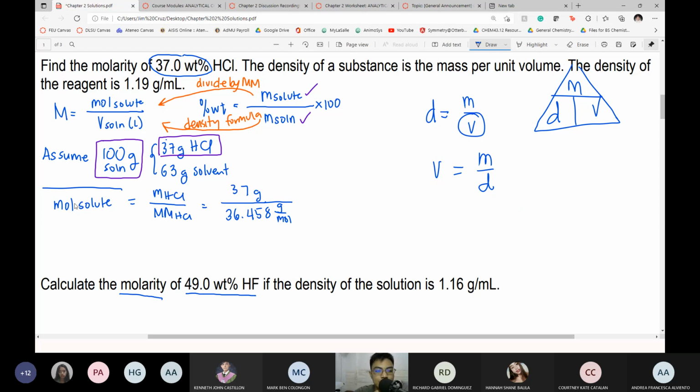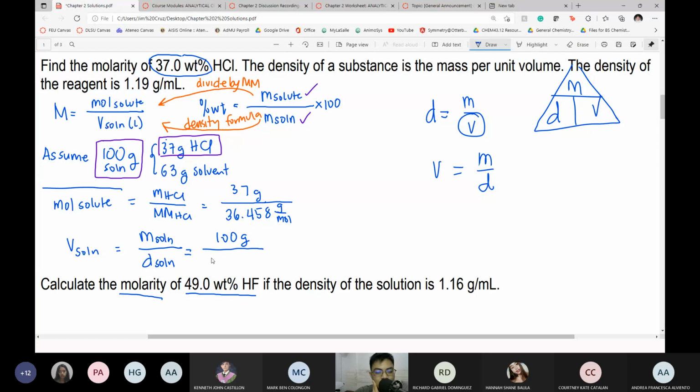So, we now have the equation for the mole of the solute. Now, we can solve for the volume of the solution. That is mass of solution divided by density of the solution. When they say reagent, it's also just a solution. So, what's the mass of the solution? That's 100 grams.